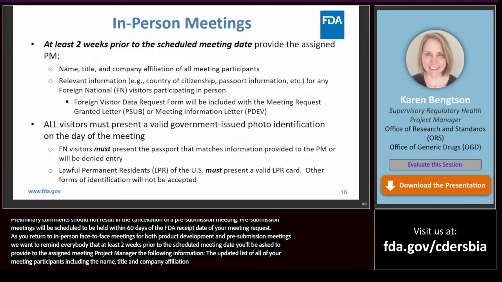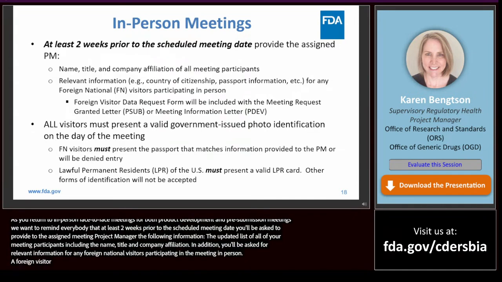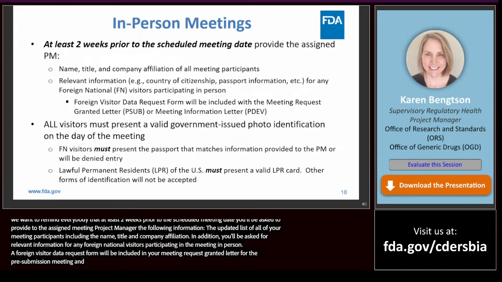In addition, you'll be asked for relevant information for any foreign national visitors participating in the meeting in person. A foreign visitor data request form will be included in your meeting request granted letter for the pre-submission meeting, and you will be required to complete one form for each foreign visitor.